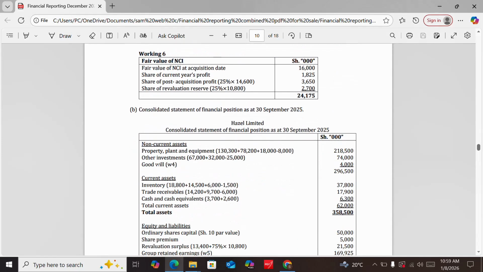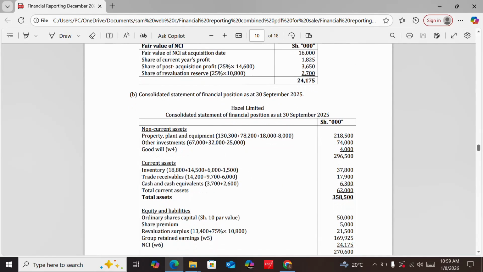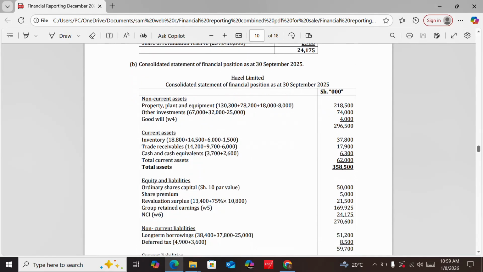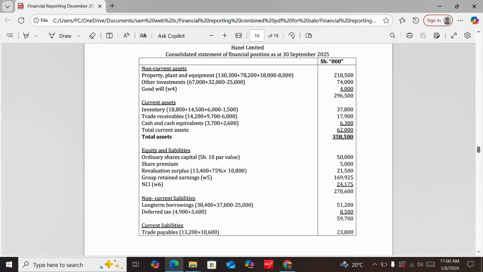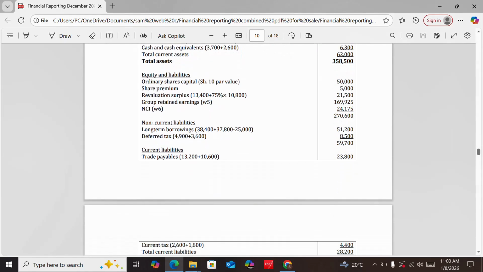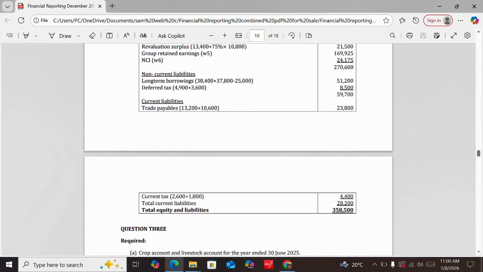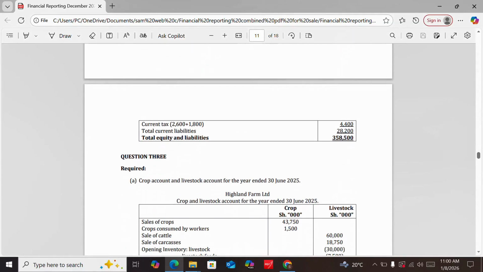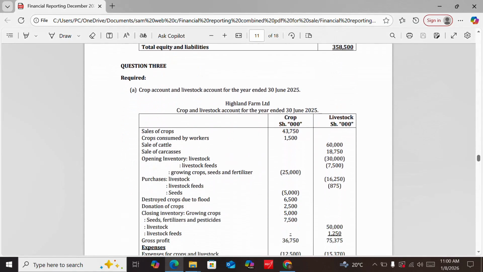Then we have the consolidated statement of financial position as at 30th September 2025. Then we have question 3, the crop and livestock account for Highland Farm Limited for the year ended 30th June 2025.